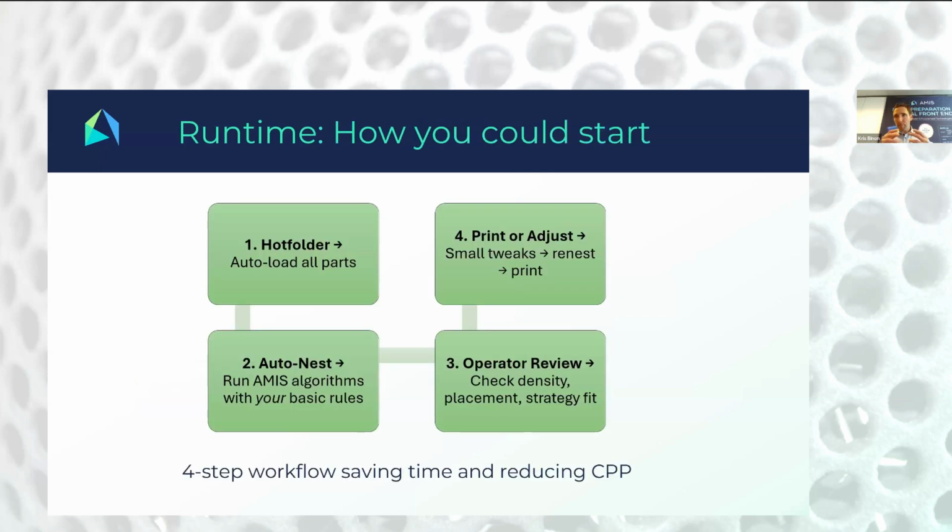For example, and this could be a very first setup if you start with AMIS Pro, just a script that goes and gets all this data and all these parts from a certain, what we call a hot folder, from a place where all these parts are stored, and then from some ERP, some Excel files, from a CSV file, as I did it, gets data on how they should be rotated, how many there are of these parts.